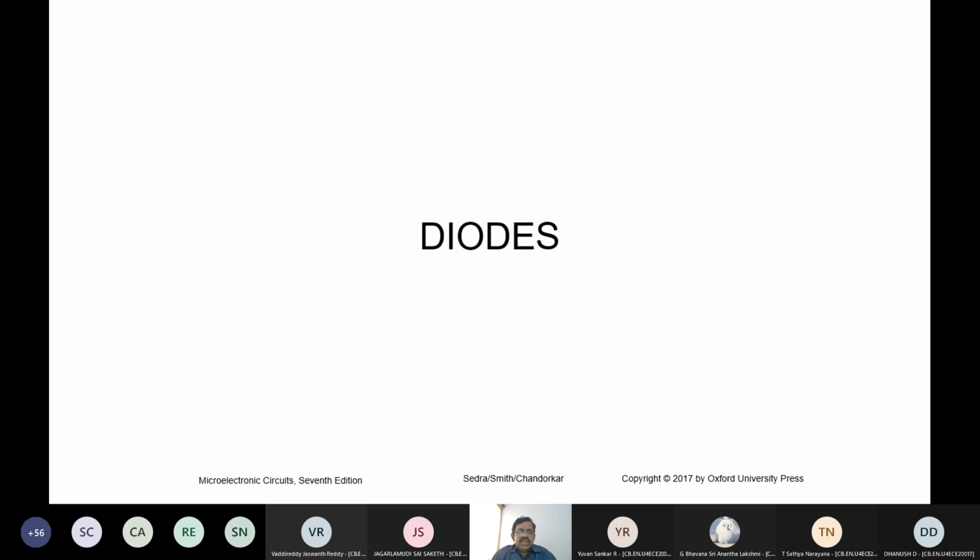Now, how to analyze a simple circuit with a diode, that example today we are going to see. Also, I want to tell you that a simple resistor is a linear element. What we understand is the Ohm's law.